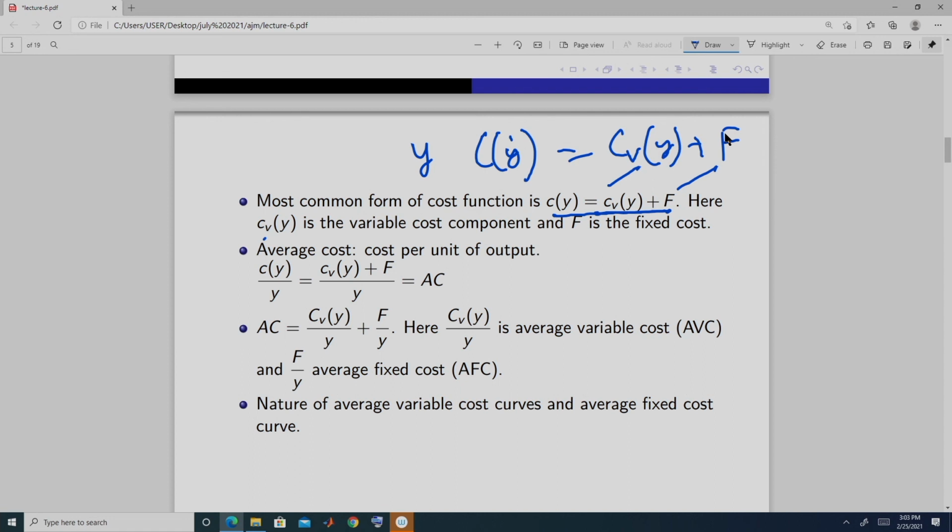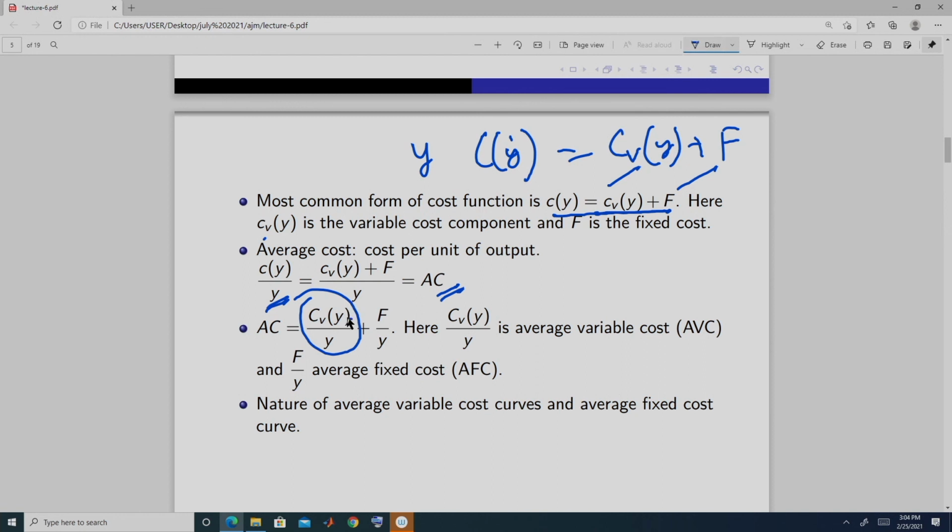Now, average cost is the cost per unit of output. So, it is total cost divided by the amount of output I am producing. When we open it up, total cost is variable cost plus fixed cost, divided by the total units of output. This is called the average cost, and we denote it as AC. Now, AC, you can see it is this plus this.